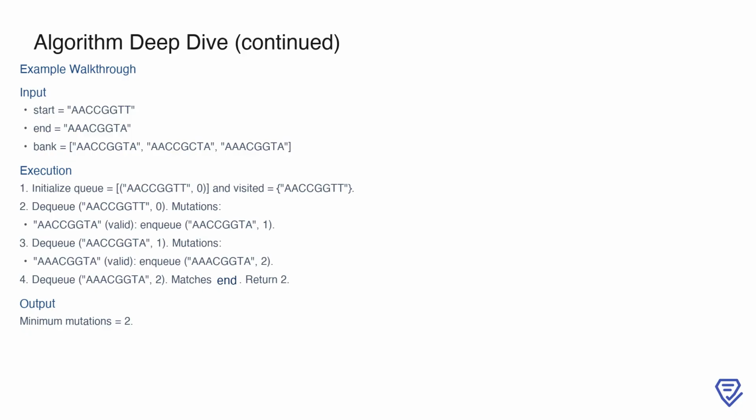Next, we dequeue AACCGGTA with 1 mutation. Its valid mutation AACGGTA matches the target sequence, so we enqueue it with a mutation count of 2. Finally, we dequeue AACGGTA with 2 mutations, and since it matches the target, we return 2 as the minimum number of mutations required. This example demonstrates how BFS efficiently finds the shortest path, ensuring the solution is correct and optimal.